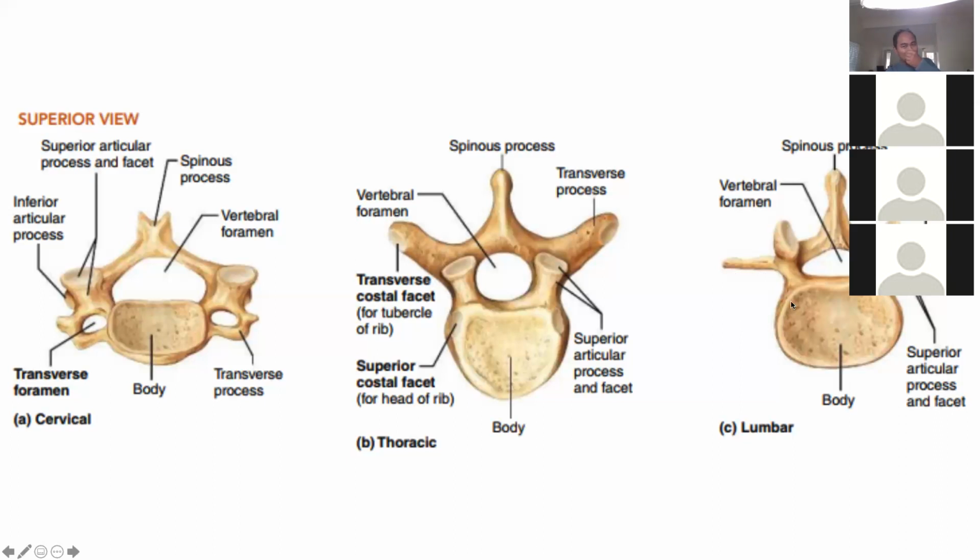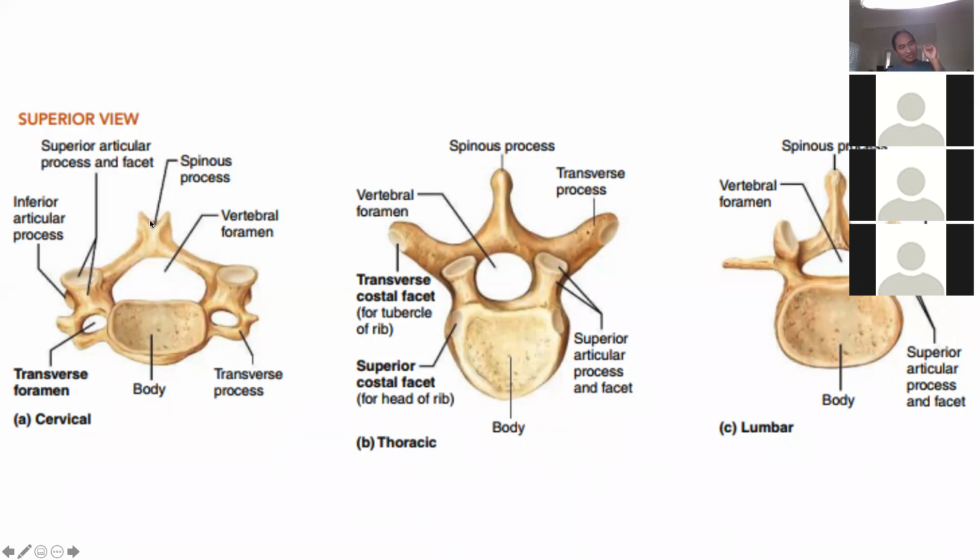That's the way the shape of the vertebra gradually changes going from cervical and thoracic to lumbar vertebra. Anything going out is the spinous process. You can see the lumbar vertebra has only one spinous process, and the thoracic vertebra also only one. And you can see the cervical vertebra is like a two-pronged spring.